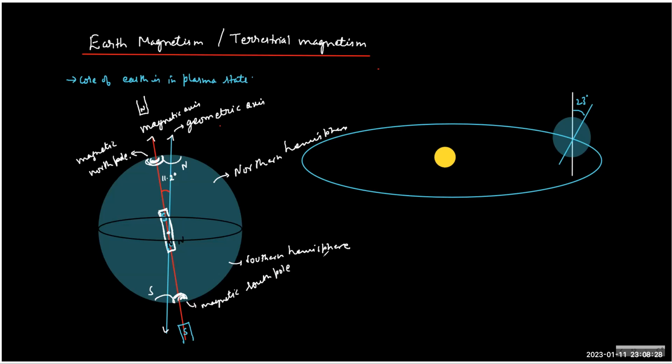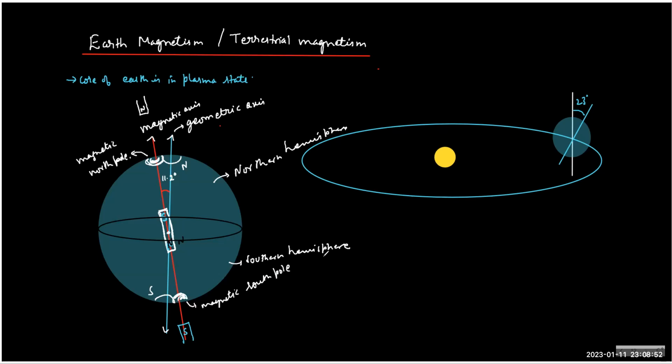Even if it is facing or not, it will tilt towards. It means the north pole will be closer to Earth and the south pole will be away from Earth in a freely suspended magnet. Is this clear? Yes, sir.